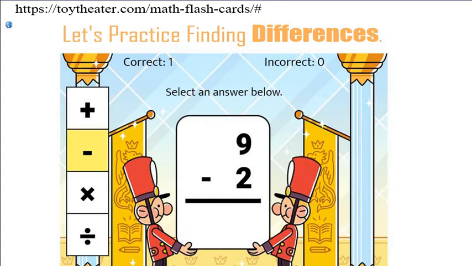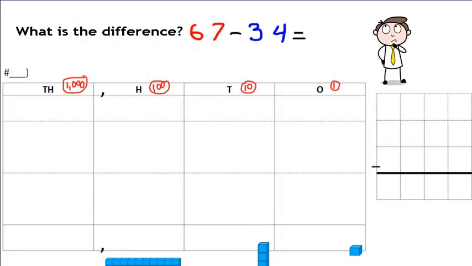Okay, so let's get started with talking about subtraction. Now, I know that subtraction means that I'm taking away, I'm giving away, I'm selling something, I lost something, and sometimes I'm comparing quantities. So, for example, here I might say John has 67 books and Betty has 34 books.